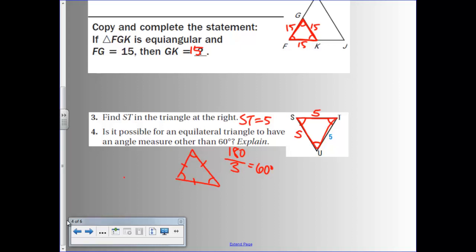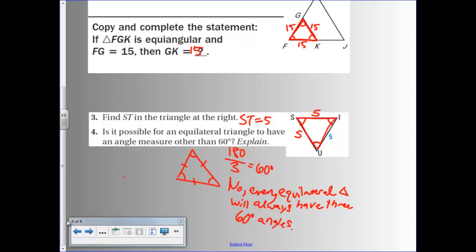If we divide that into 3 equal parts, because it's equiangular and equilateral, every single time it's going to be 60 degrees. So is it possible for an equilateral triangle to have an angle measure other than 60 degrees? No. Every equilateral triangle will always have 3 60-degree angles.